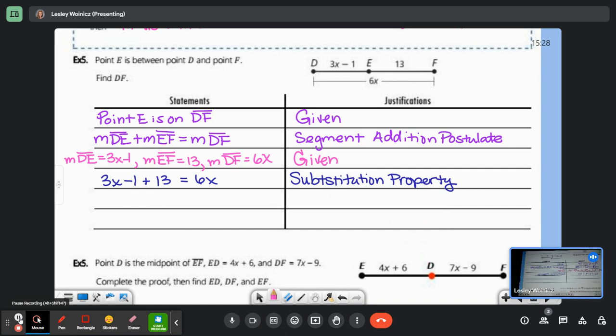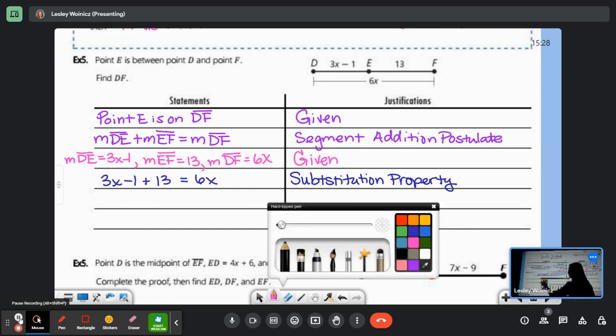Okay, now we have some combining like terms that we can do. What is negative 1 plus 13? 12. Okay, and then what about if we subtract away 3x from both sides?